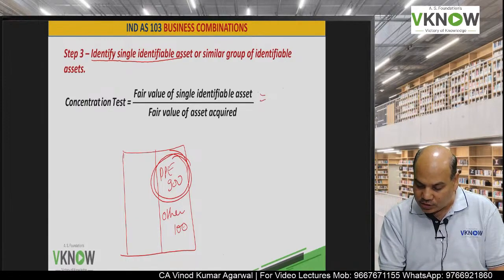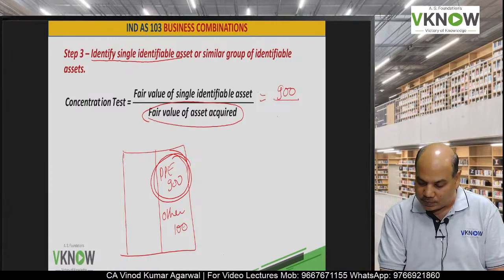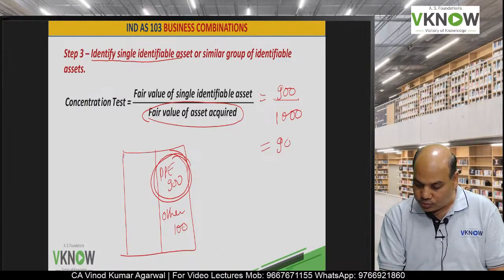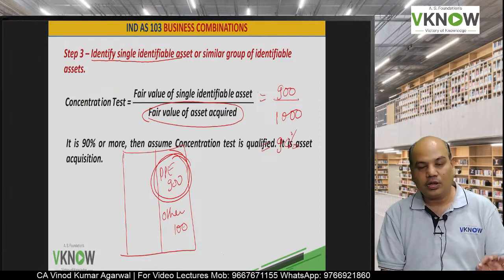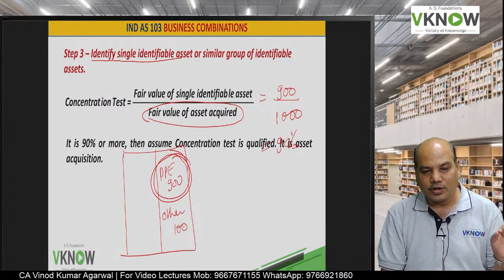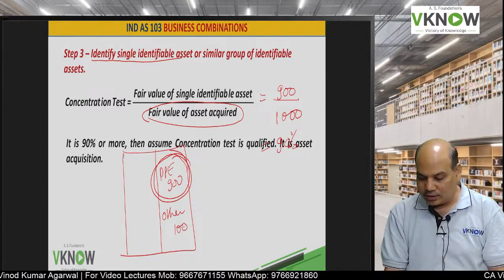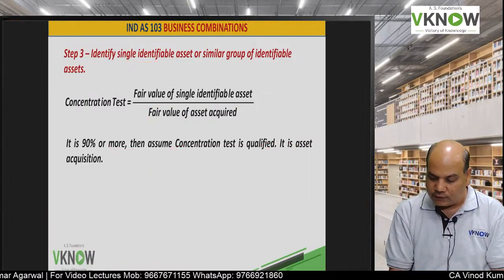Fair value of the single identifiable asset over the fair value of the asset acquired as per the previous step, let us say 1000. So this comes to 90%. So 90% of your consideration is just towards one single asset. Then we'll say the concentration test is qualified.